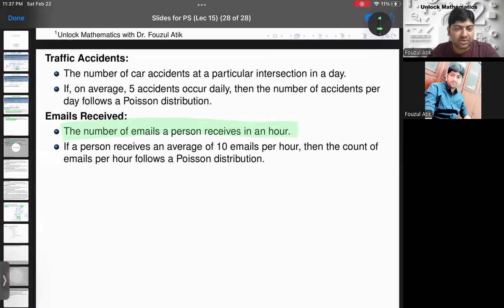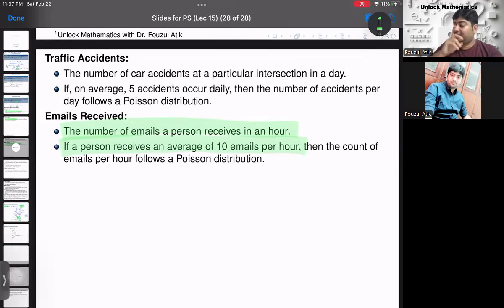There is no particular limit on how many emails you will get per hour. But from previous data, we collected that the average number of emails received is 10 per hour. Then the count of emails per hour follows the Poisson random variable again, and its probability mass function is the Poisson distribution.